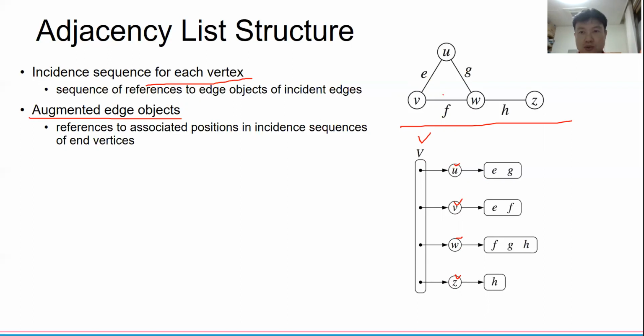For U we have E and G. For V we have E and F. For W we have F, G, and H. For Z we have only H. So we call this the adjacency list structure.